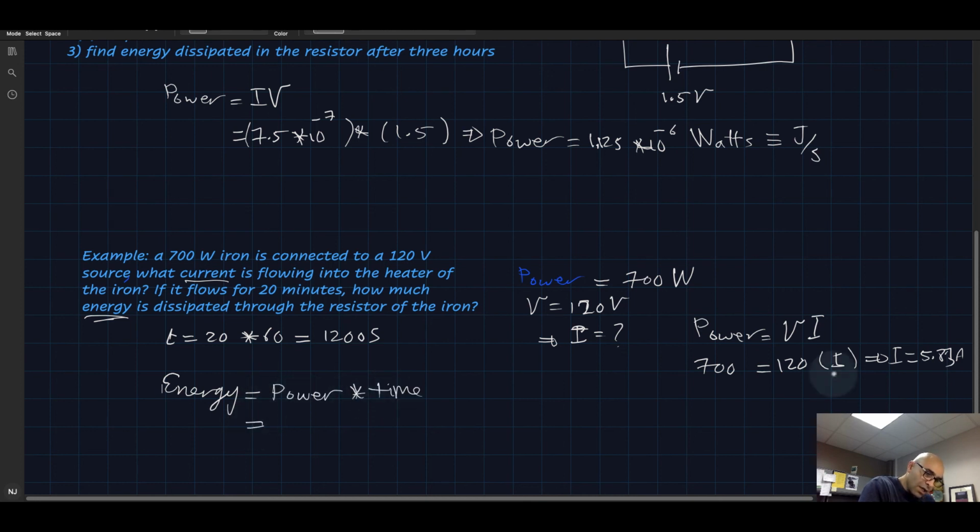The power is given to us as 700 watts, and time is 1200. And if we do this calculation, we get the energy to be equal to 840,000 joules, which is 840 kilojoules. All right, and that's it for this one. Thank you very much.